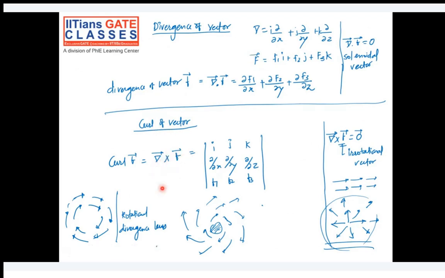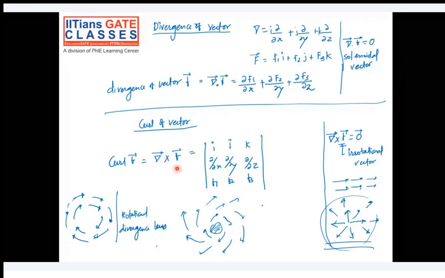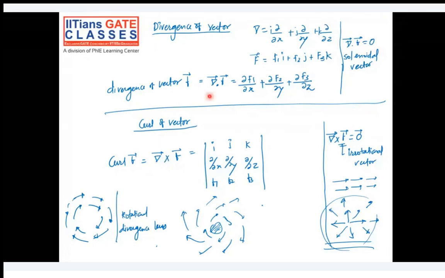If you look into this vector field, it is a rotating vector field, you can say. At all points the vectors are rotating, right? But they are not diverging. Look at this one here. They are diverging from each other. This field is diverging from the center, but are they rotating?